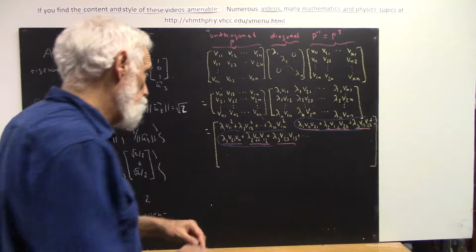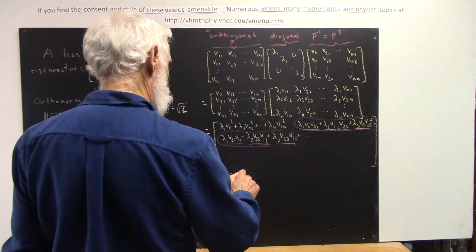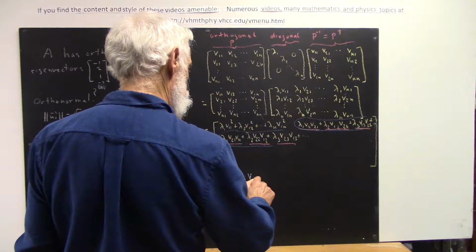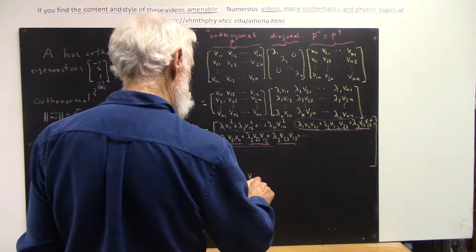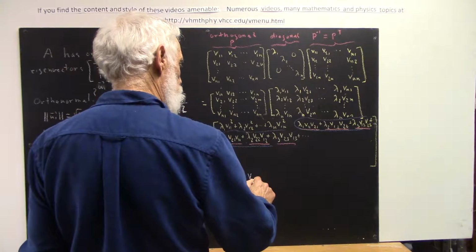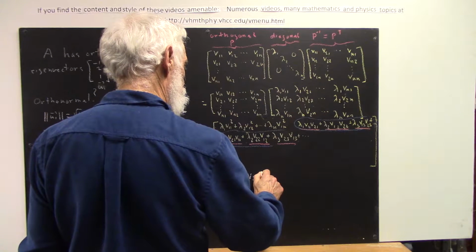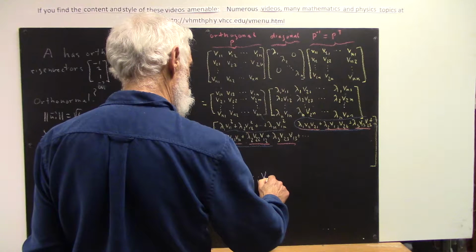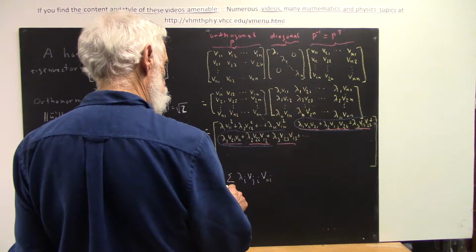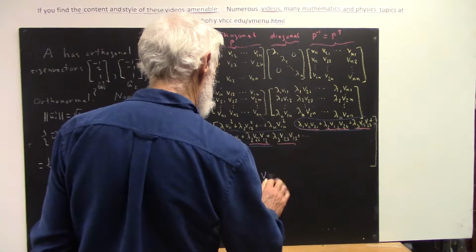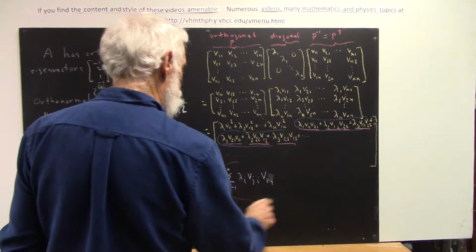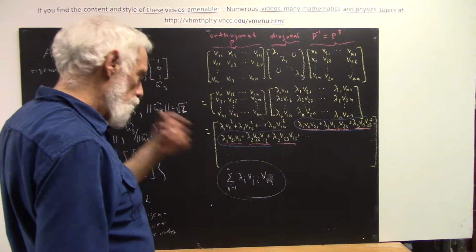For example, this could be written as the sum of lambda I, V, J, I, V, K, I, for I equals 1 to N. Don't take that literally; think about whether that's actually true or not.